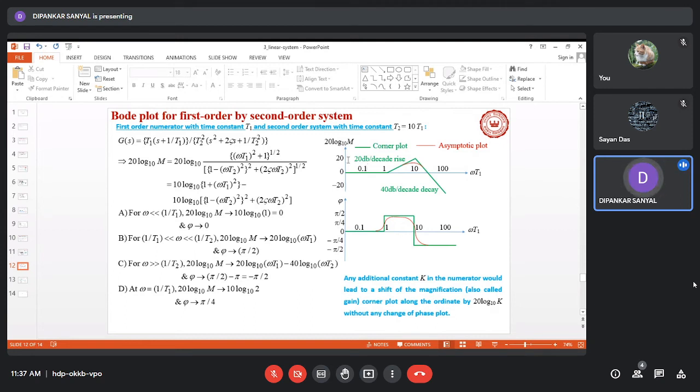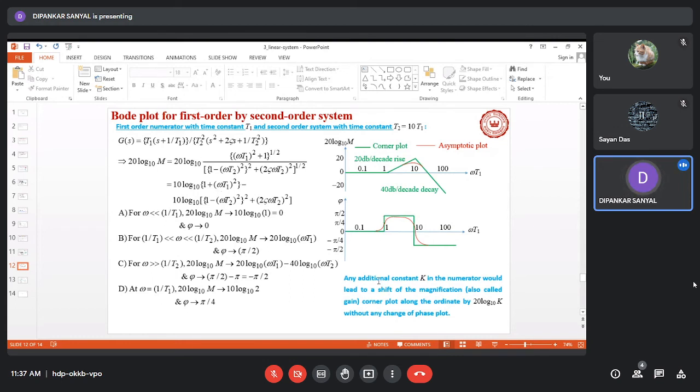So by suitable addition of a constant term, like a proportional constant in the controller, we could shift the corner plot by the superposition of another constant, so everything will get shifted upward. If the constant line is downward, everything will have a downward pull, and the phase plot won't get affected by the addition of any constant in the numerator.